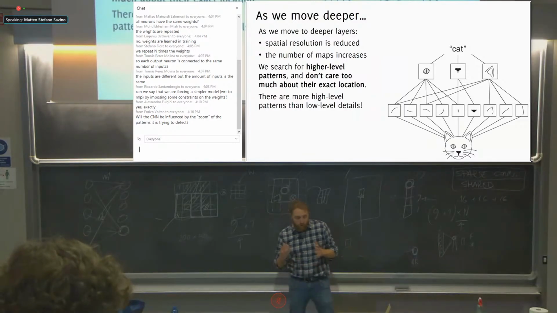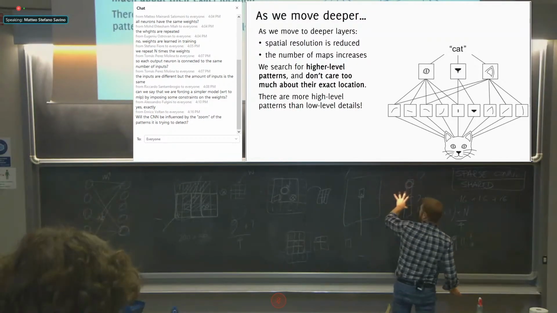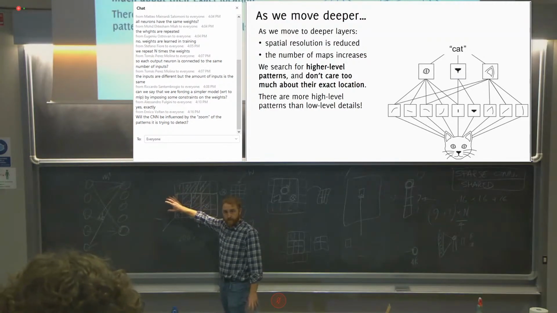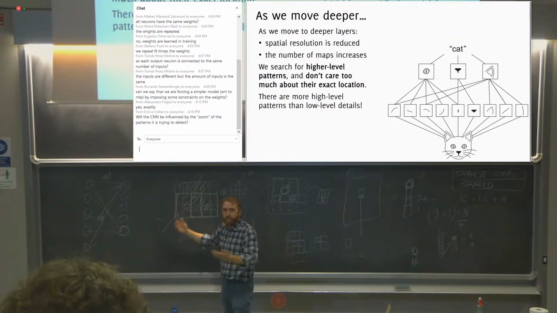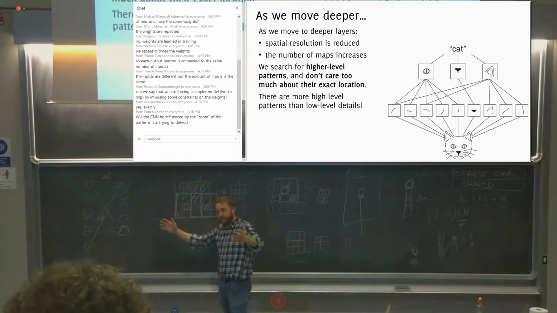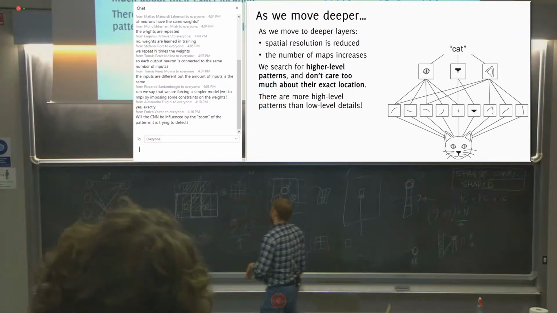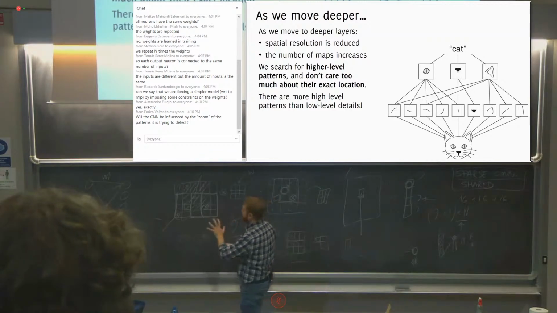So as you move deeper in the convolutional network, the receptive field increases, and the larger the convolutional filters, the larger the number of layers, the more max pooling you put, the larger the receptive field will become. Okay? And while you stay in the shallow part of the network, the receptive field is small.